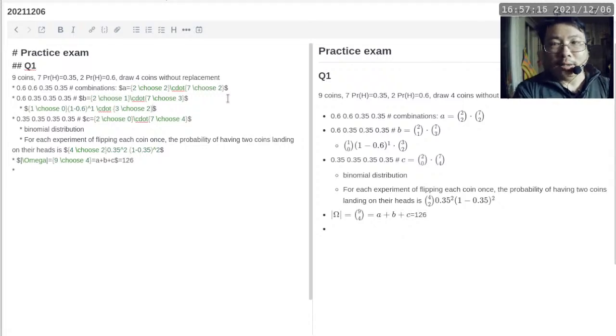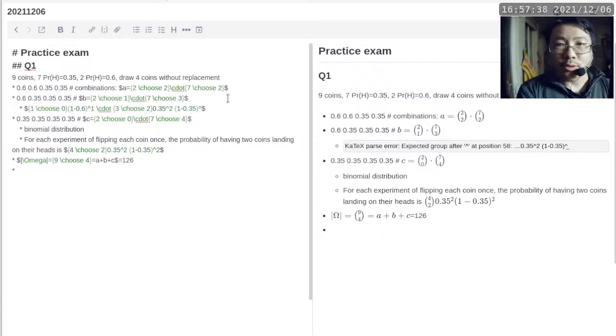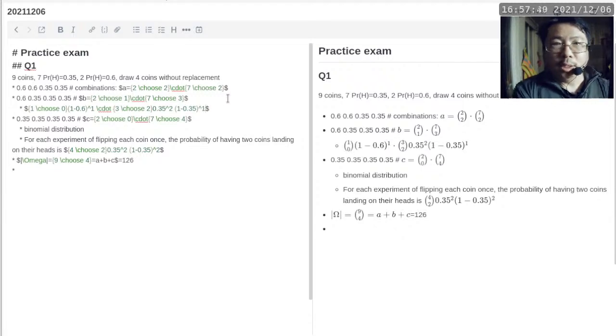So now we say 0.35 to the power of 2. And then we also have to handle the one case where it did not land on the head, so it's 1 minus 0.35, the chances of landing on the tail, and this time it is to the power of 1. So are we doing okay so far with this one?